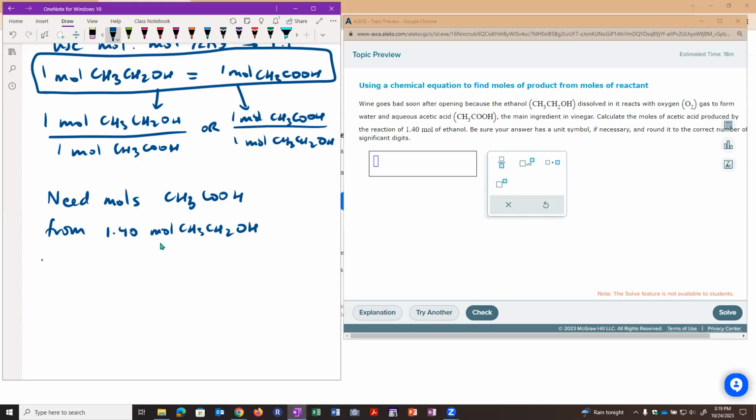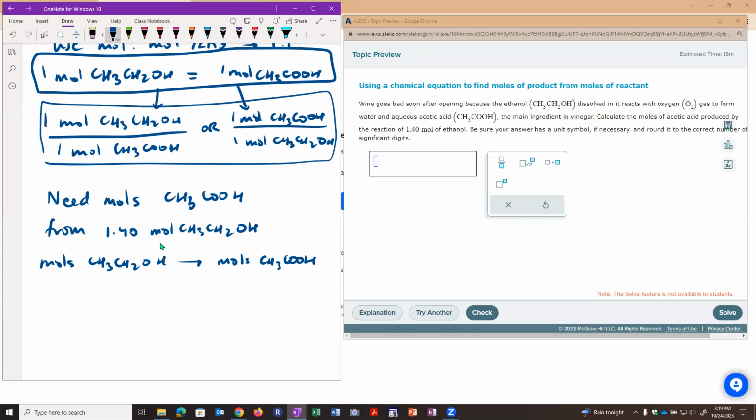Okay, so in order to go from moles of the ethanol into the moles of the acetic acid, we need the relationship or something that relates those two things. We're going to use one of our two conversion factors up here.